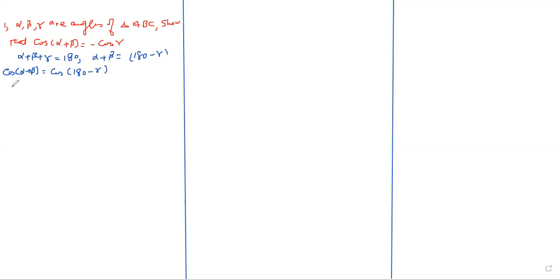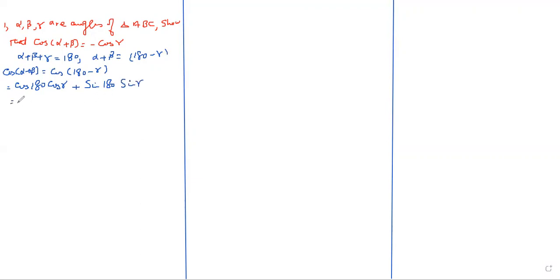So we have cosine 180, cosine gamma, then sine 180, sine gamma. This is minus, so it should be plus here.